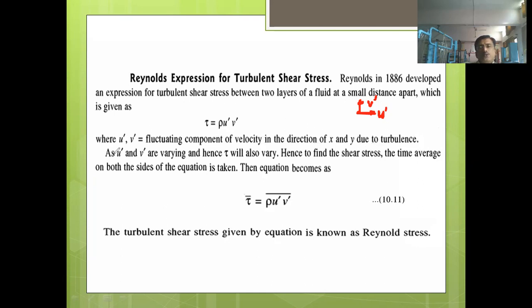As these u dash and v dash are varying, tau will also vary.